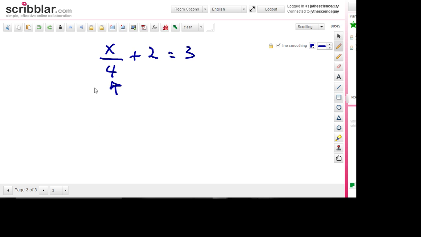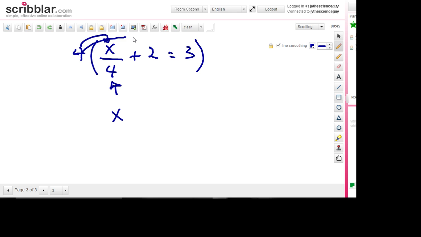Watch what I'm going to do here. Whatever that bottom number is, I'm going to multiply everything by it. So I'm going to take this whole thing and multiply it by 4. This times that is just equal to x, because what happens to the two 4's? They cancel out.